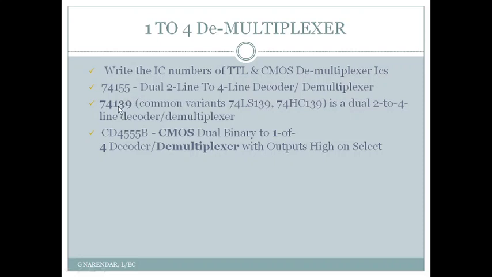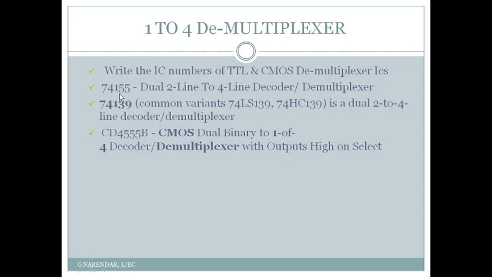Similarly, 74139 is also a dual 2-to-4 line decoder or 1 to 4 demultiplexer. This IC also contains two such circuits, so it is up to the user to use either one or two circuits out of the IC.